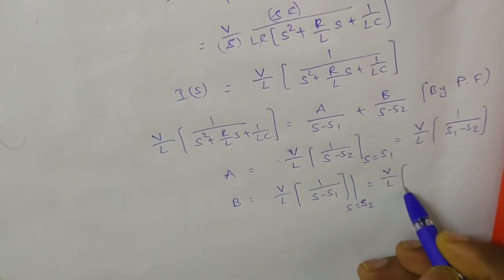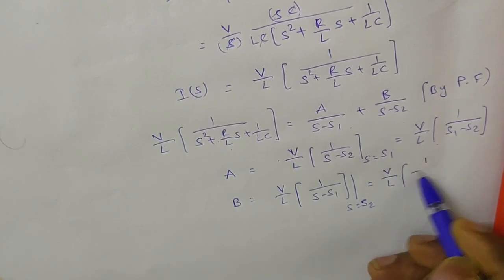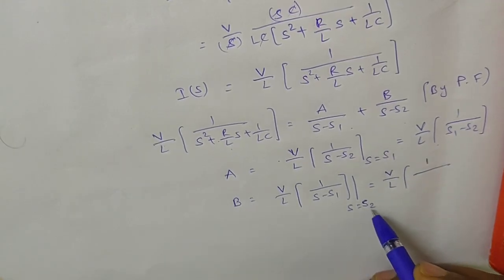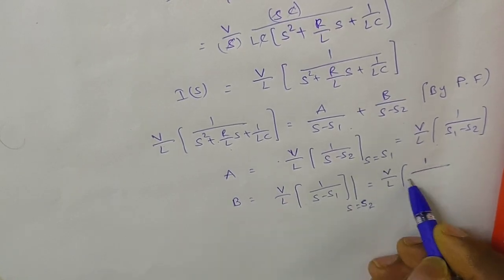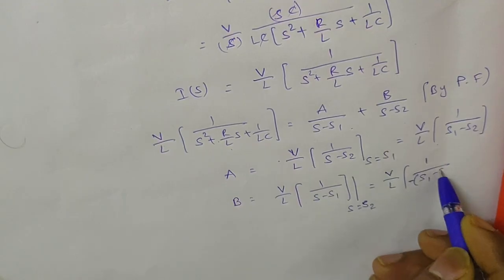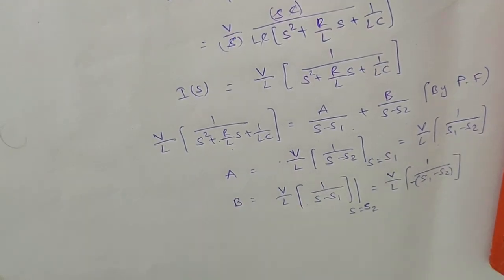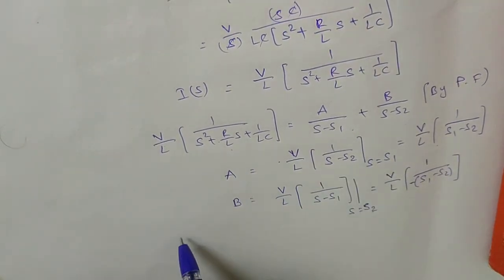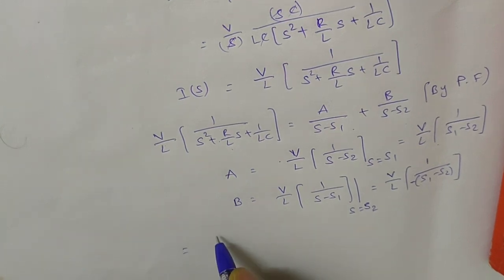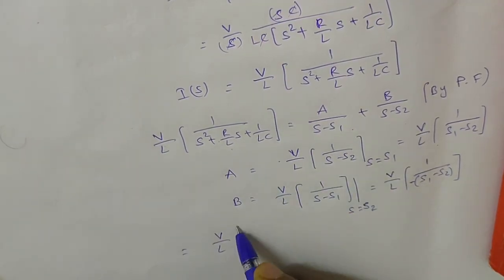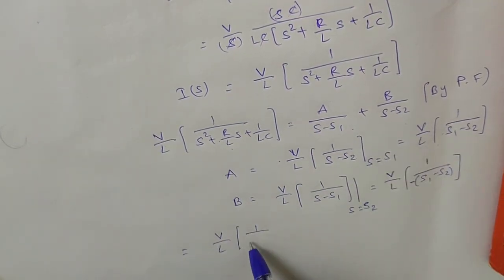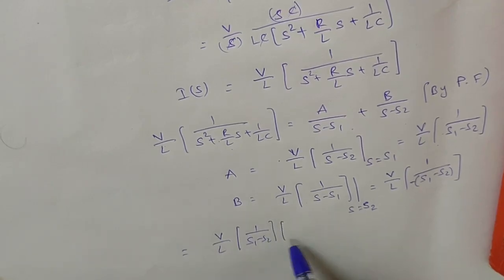V by L by 1 by, if you put S2 in place of S and take minus out, then it will be S1 minus S2. Then if you rewrite the equation, V by L, A is 1 by S1 minus S2 into 1 by S minus S1.